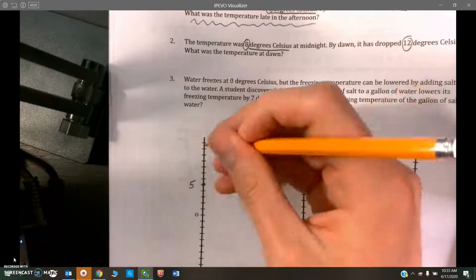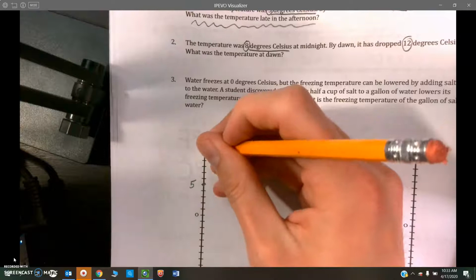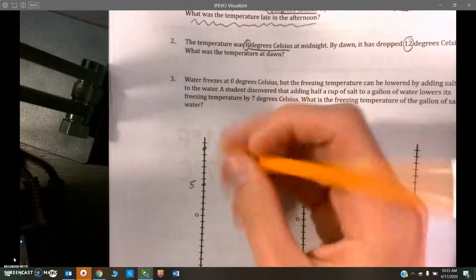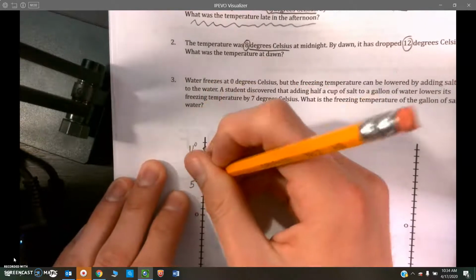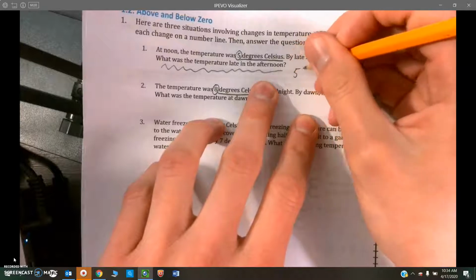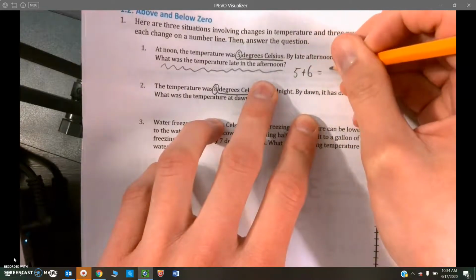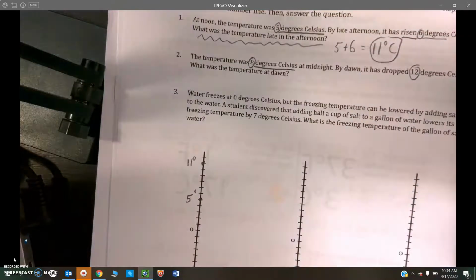So risen means to go up or to add. So 1, 2, 3, 4, 5, 6. And 6 more than 5 is 11. Okay, so that's a really simple one, right? 5 degrees, it rises 6 degrees, it would be 11 degrees Celsius then at that time.